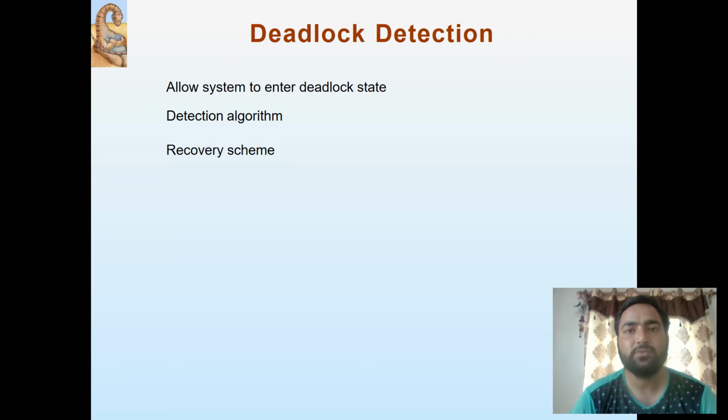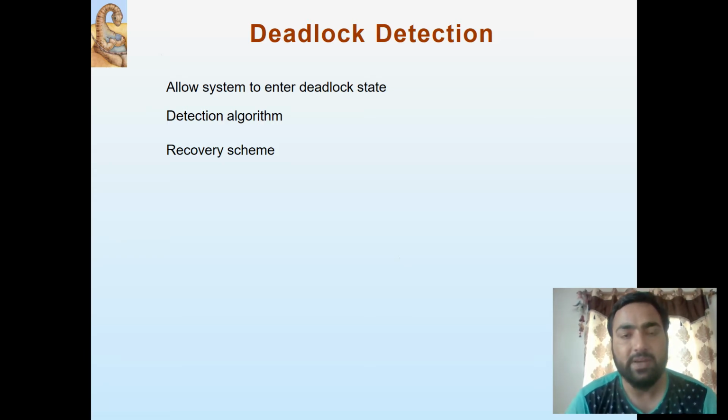As you know, something can be detected when it has already happened or occurred. That means we can detect the deadlock when the deadlock has already happened in the system. It is a condition which allows the deadlock to enter into the system.